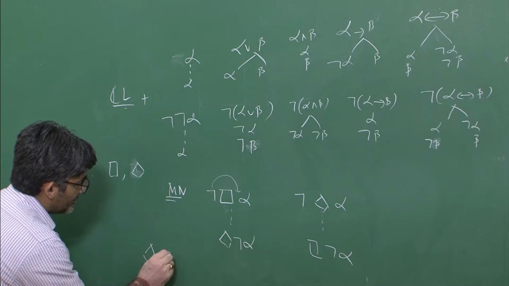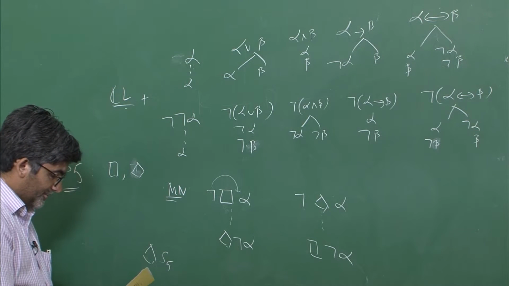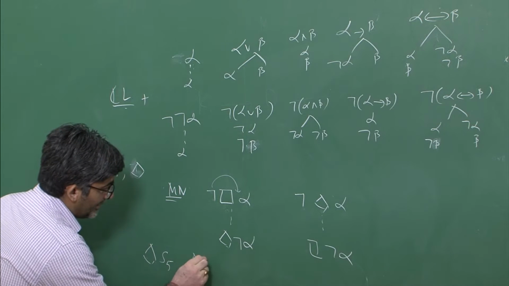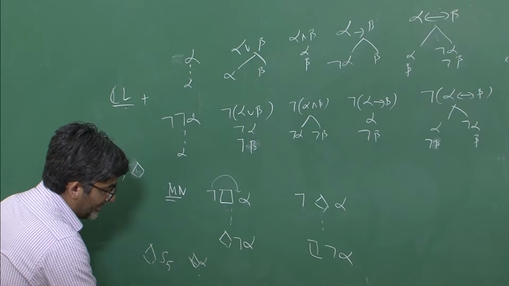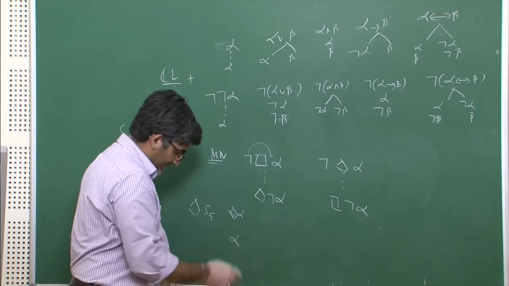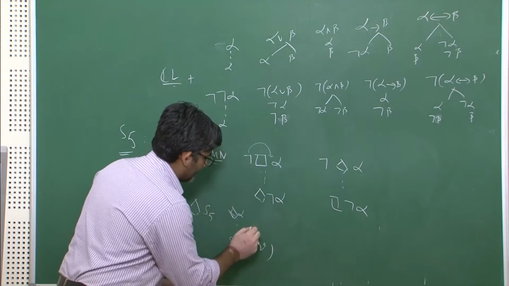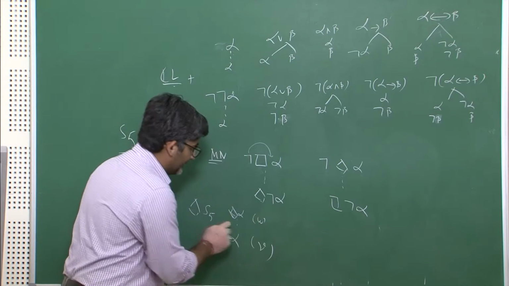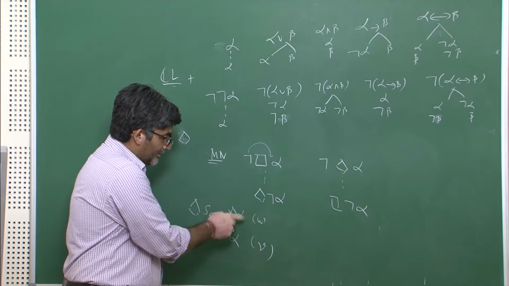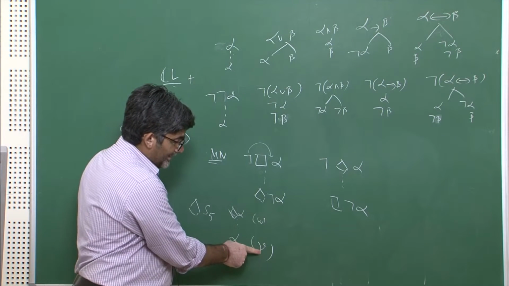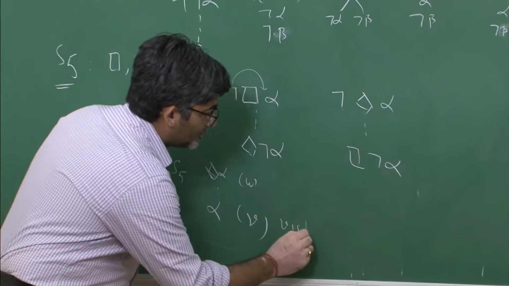And there are some rules which are considered to be the possibility S5 rule. So this is going to be like this: if any formula possibility of alpha exists, then you replace it with alpha, but you need to ensure that, suppose this is the world W, this says that possibility of alpha is true in a world W, you replace it, then it will become alpha is true in a world V, but this V is new.